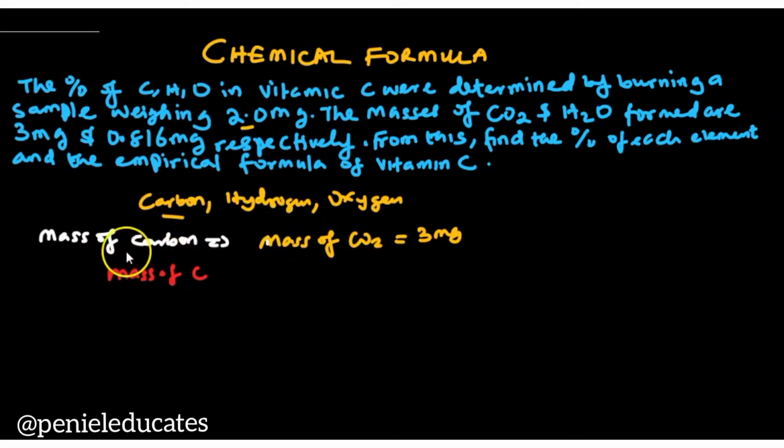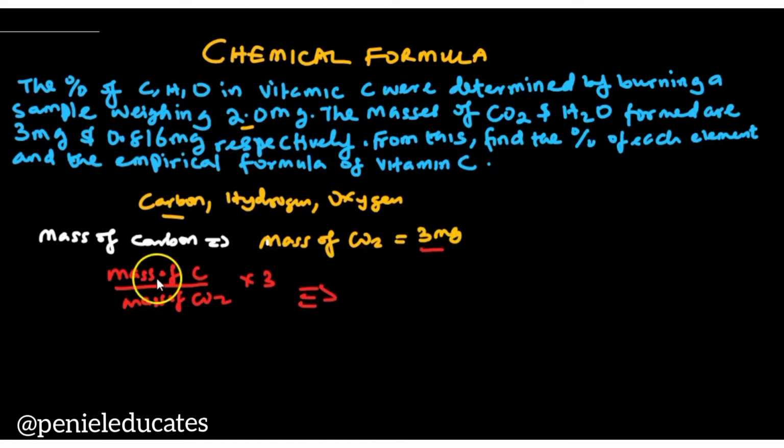This CO2 contains carbon and oxygen. So the mass of carbon is 12 over the mass of CO2, then multiplied by 3, so that we know how much carbon is in 3 milligrams.